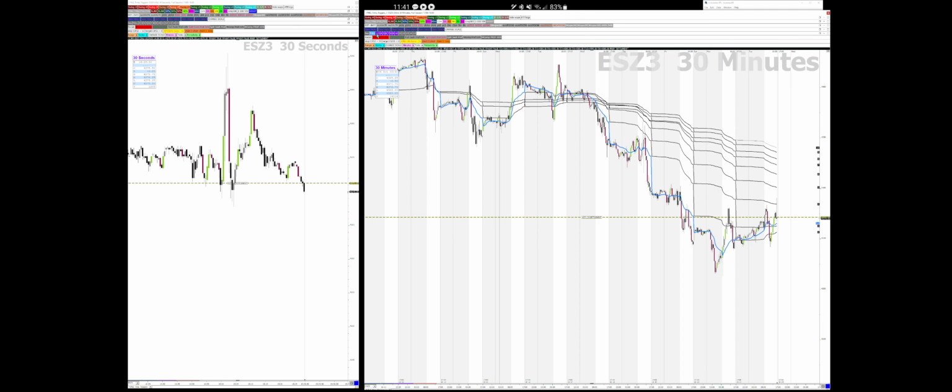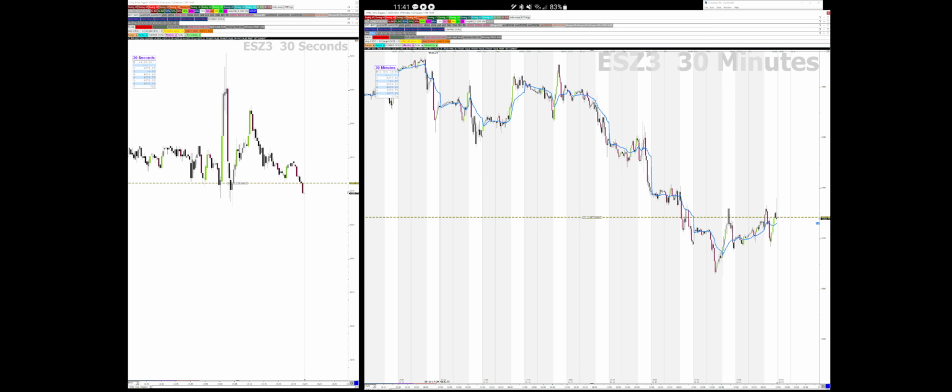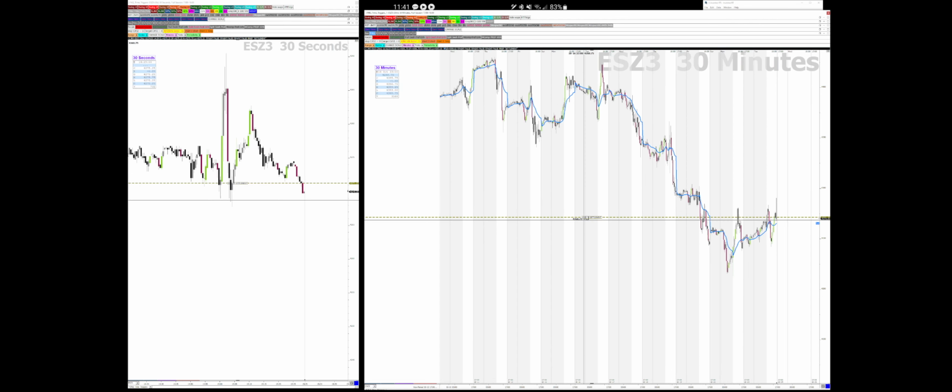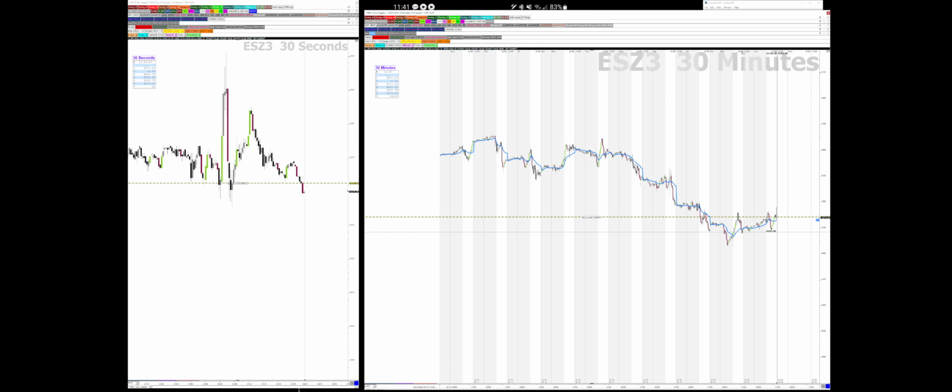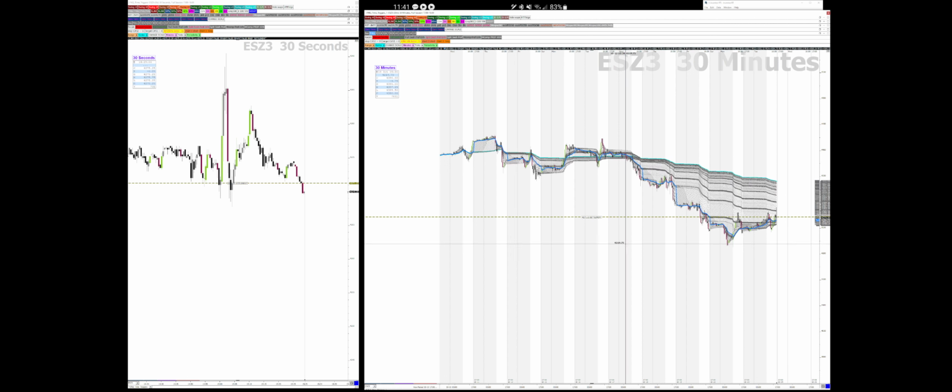So that's the days back VWAPs. I also have manuals. All of these buttons up here are manual VWAPs, and I use these because having all of these VWAPs on, say, 20 or 30 days of data is really CPU intensive to recalculate on a 30-second chart.